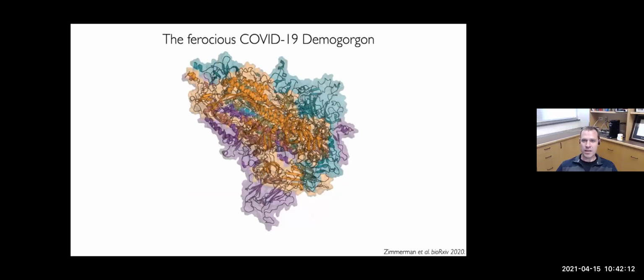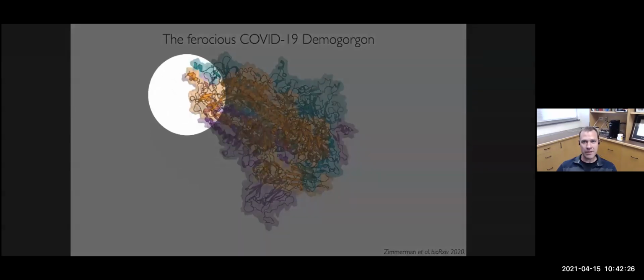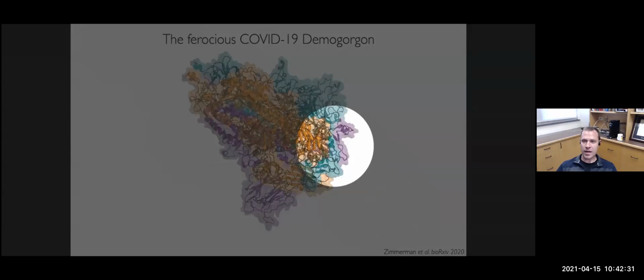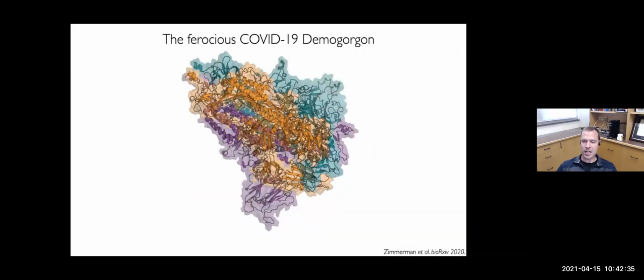And so here's one of these spikes. There's 3 proteins that are identical to each other. They're each colored a different color. There's this ribbon diagram for each one, and then in transparent surface is just showing the space-filling representation of this spike. The upper left is where this thing is tethered to the membrane. The lower right is where it has to open up in order to have the potential to bind to this other protein called ACE2.